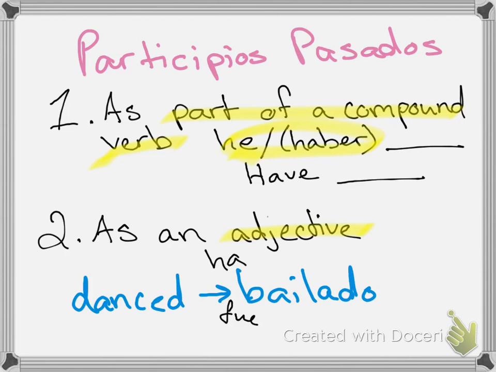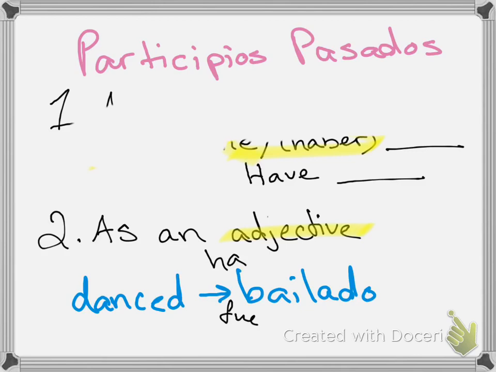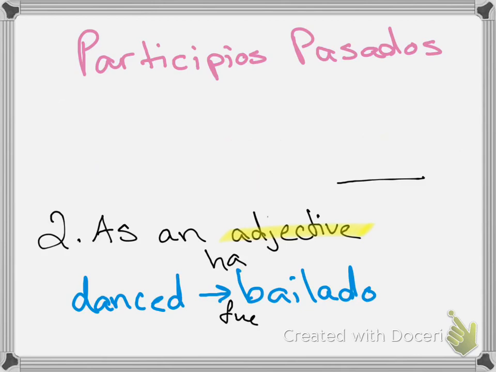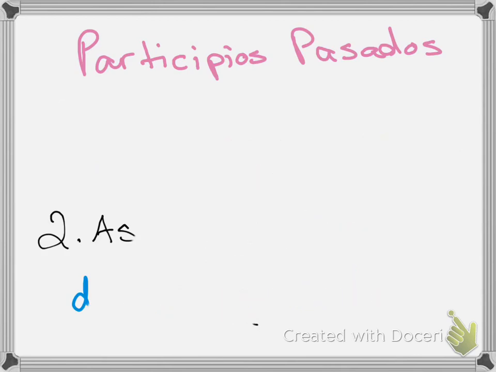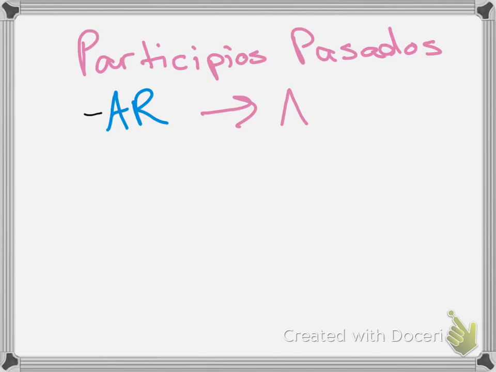All right? So let's figure out how to form participios pasados, okay? So participios pasados are pretty simple. We're going to take our verb, and if our verb is an AR verb, okay, like bailar or tomar, all I'm going to do is take off the AR and replace it with ado, okay?